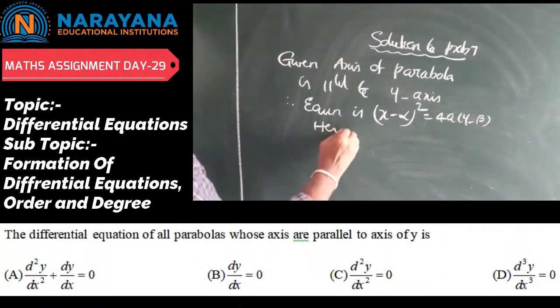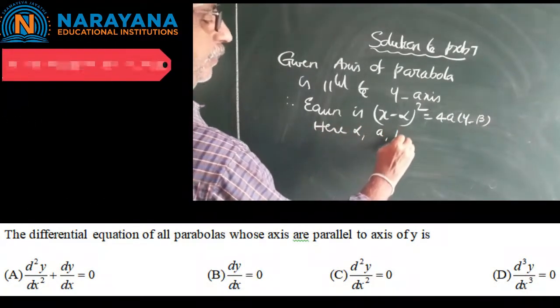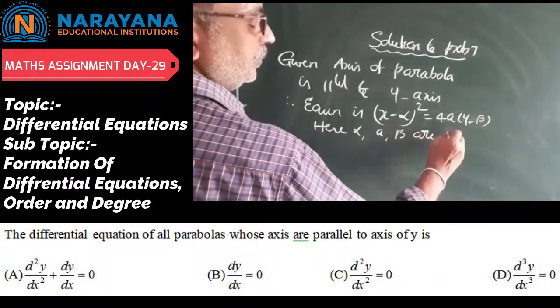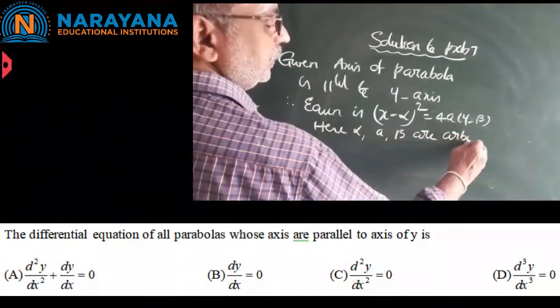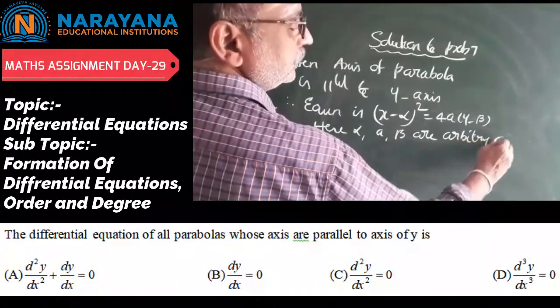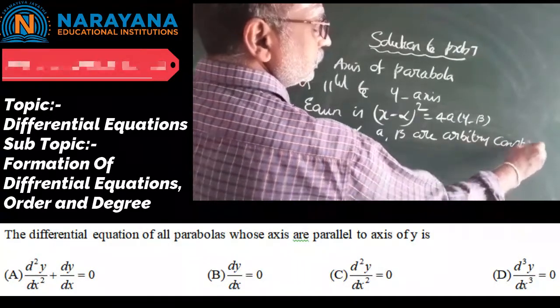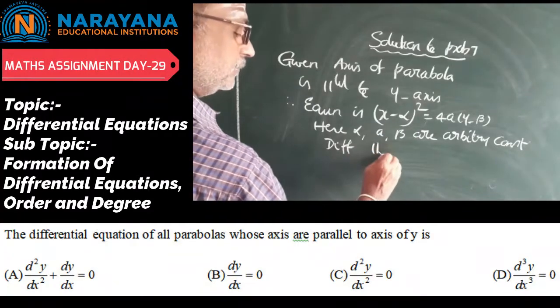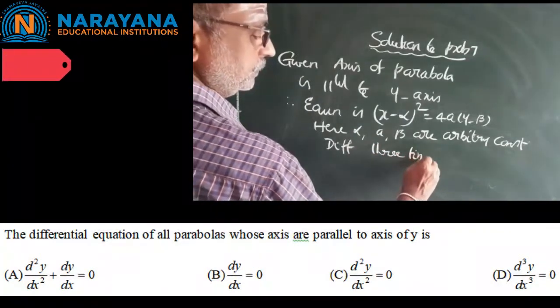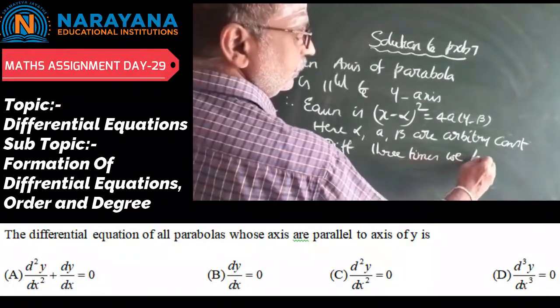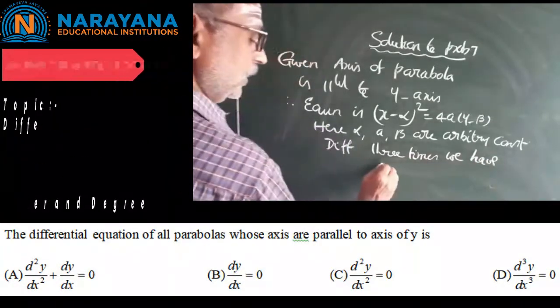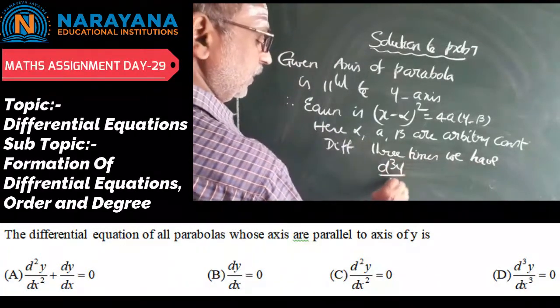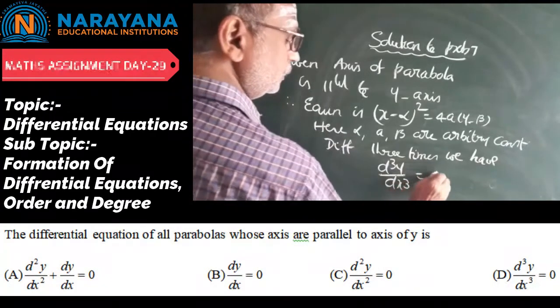Here alpha, a, beta are arbitrary constants. So differentiating 3 times, we have d cube y by dx cube equal to 0.